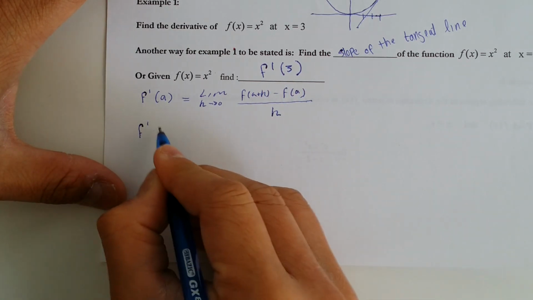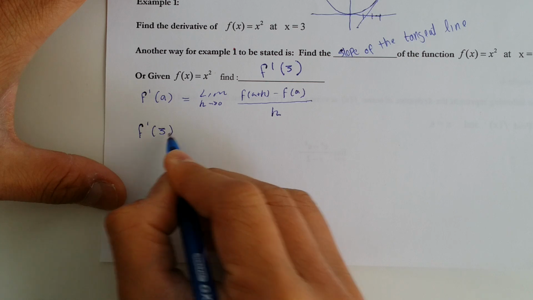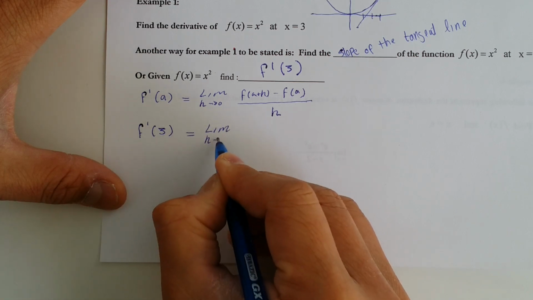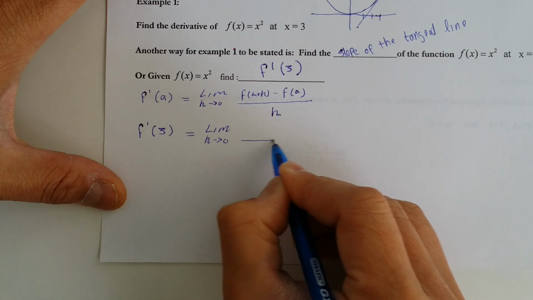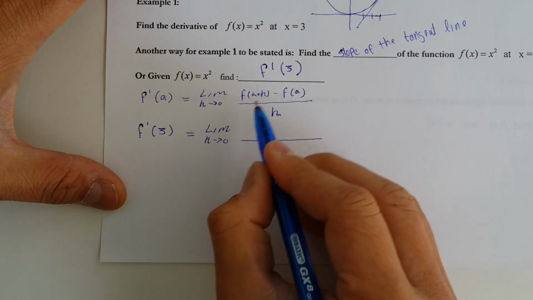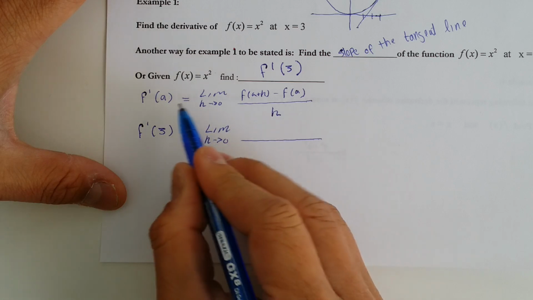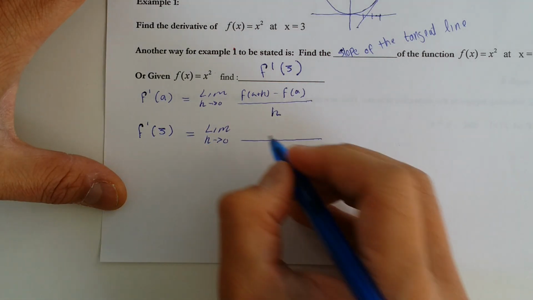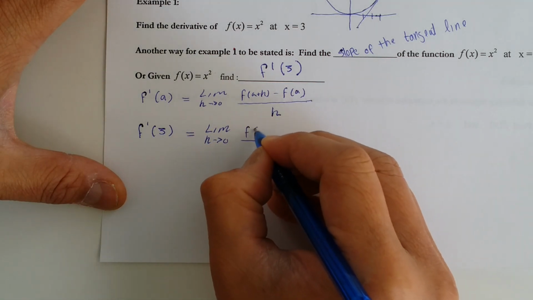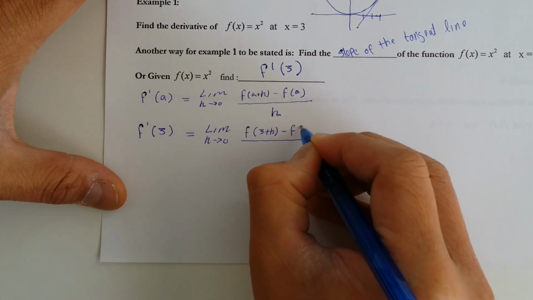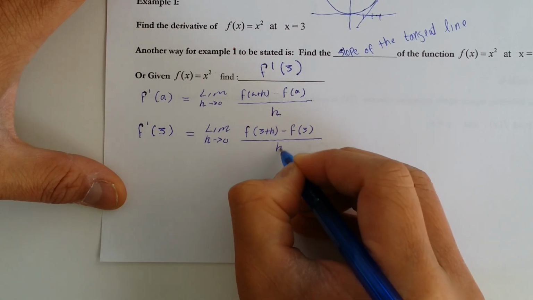So f prime at 3 is the limit as h goes to 0. Remember, replace all the letter a with the number 3 because that's what it says at 3. So a represents the location. So f of 3 plus h minus f at 3 over h.